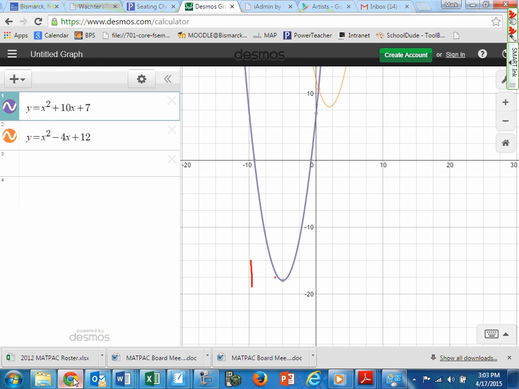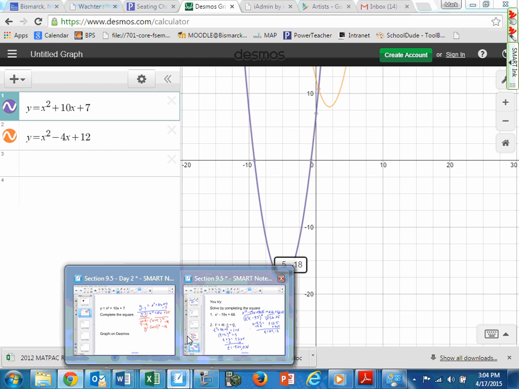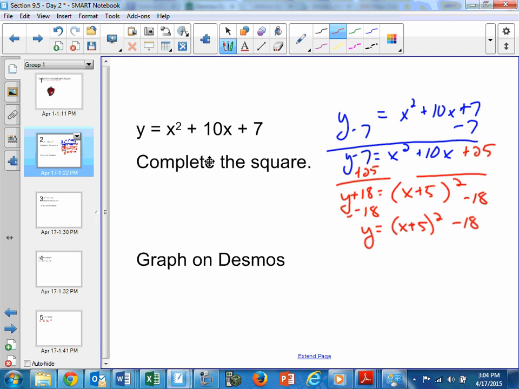If I were to look at the vertex of this parabola, we can see that the vertex is negative 5, negative 18. Well, how is that related to this form? It's the opposite of what's in the parentheses, and then the negative 18 is your y.